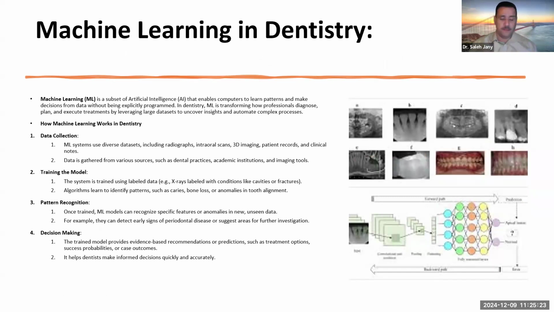Remember I told you about a German company. They started in 2006. They started uploading the cases and pictures, thousands of pictures of periapical abscess, and they uploaded them to the machine.